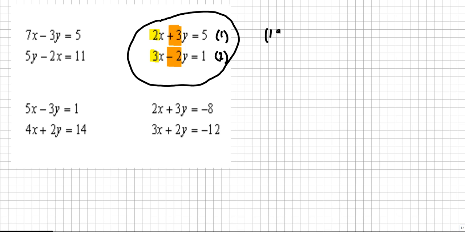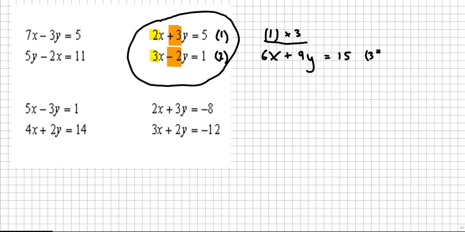So how about the first equation times 3? 2x times 3, 6x plus 3y times 3, 9y is equal to 5 times 3 is 15.